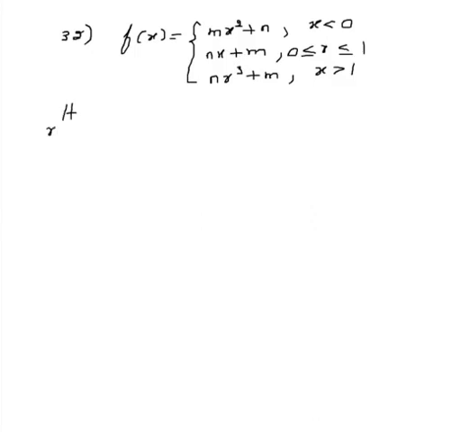So let us find limit x tends to 0 of f of x. We need to do LHL, RHL because at 0 the definition has been split. Let us do LHL. Limit x tends to 0 minus f of x.